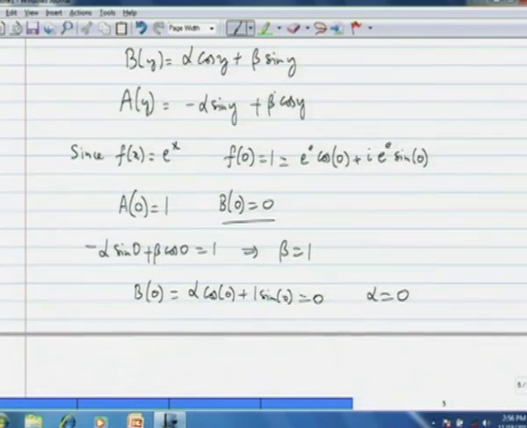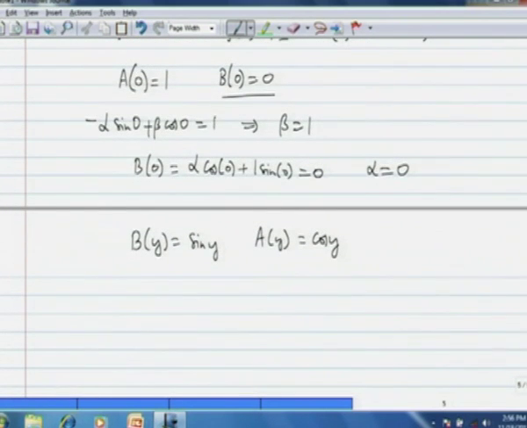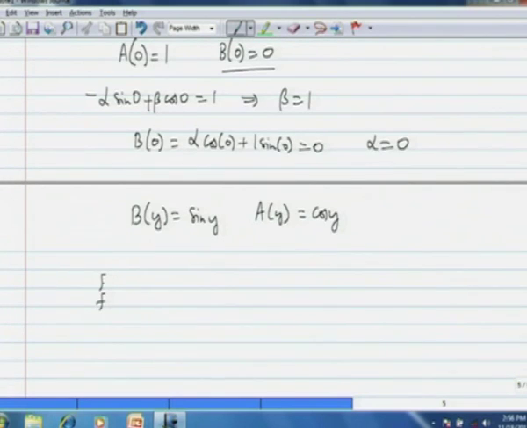So, we get b of y is sin y and a of y is cosine y. Okay. So, we want f of z to be defined as e power x cosine y plus i times e power x sine y.